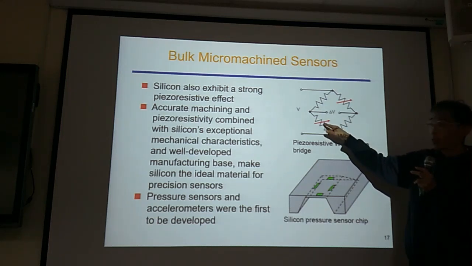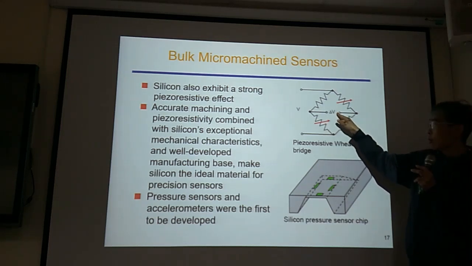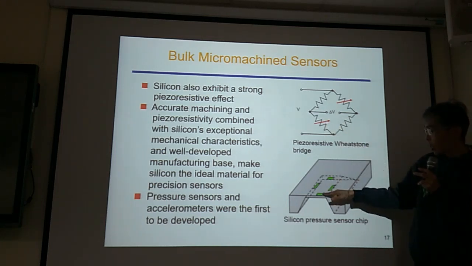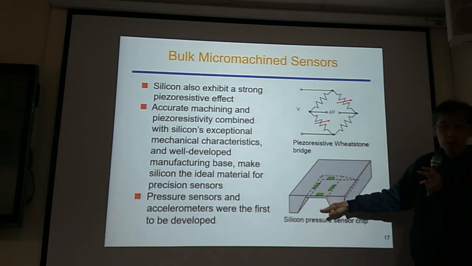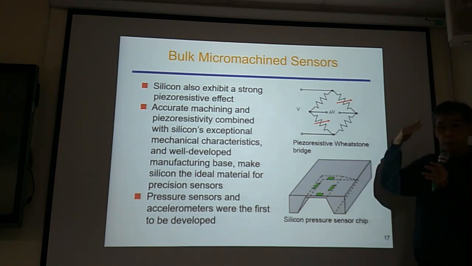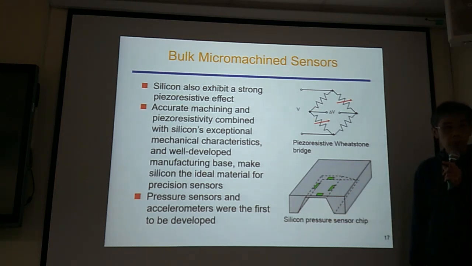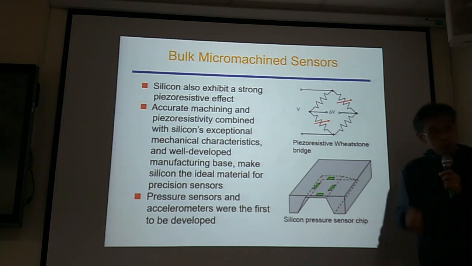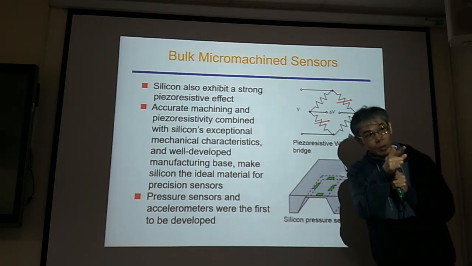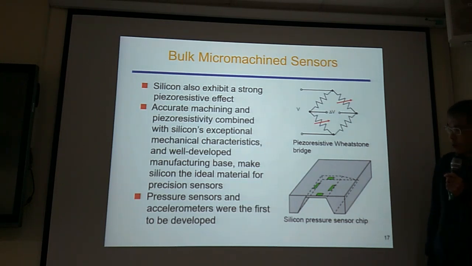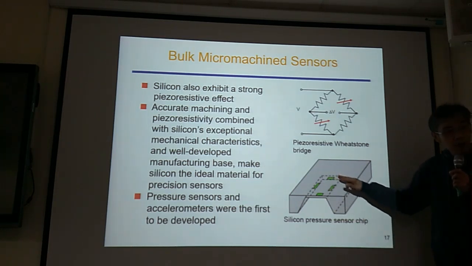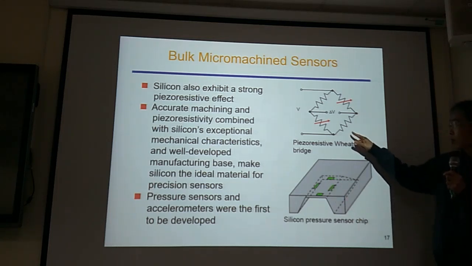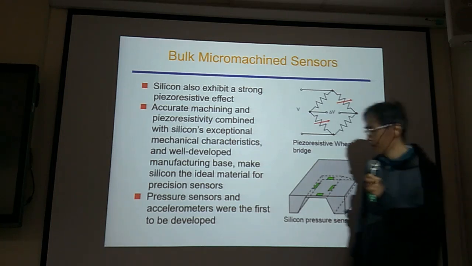So if you know delta V, you know delta R. If you know delta R, you know the pressure inside. So this is the concept of the pressure sensor. Do you understand this pressure sensor? The operational principle?